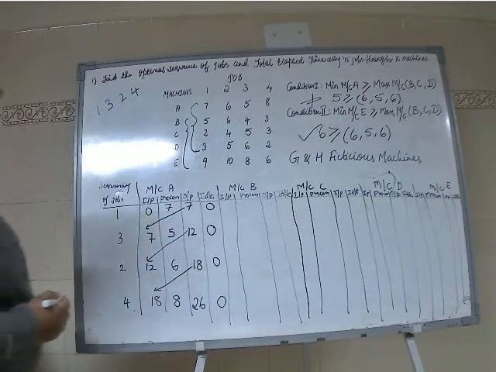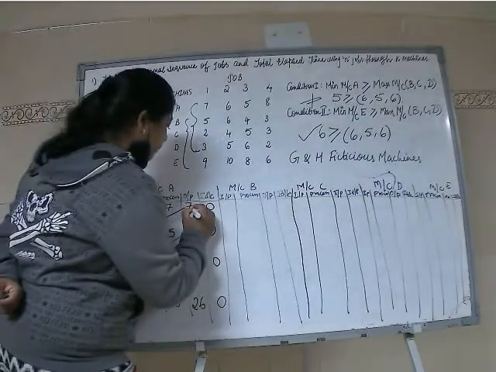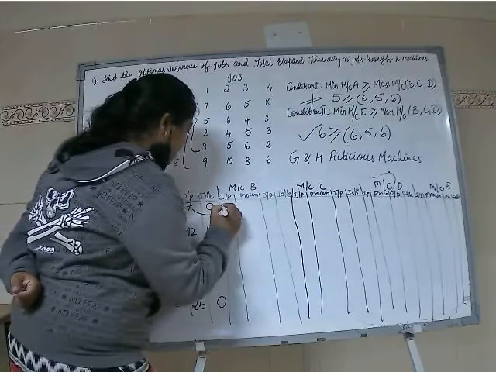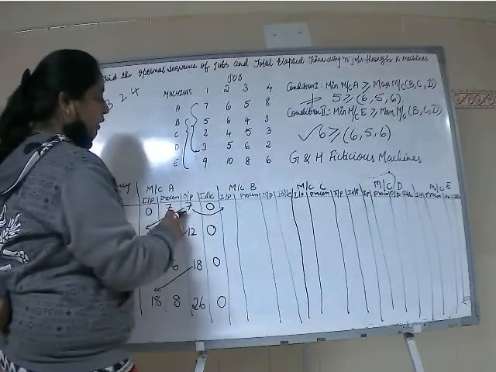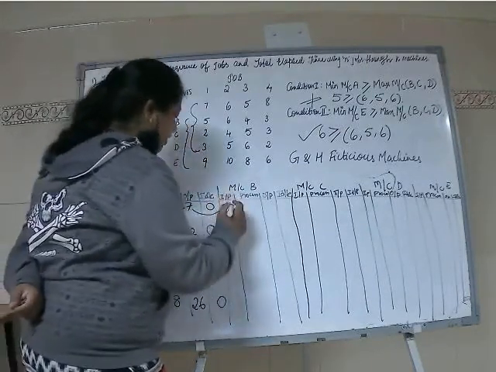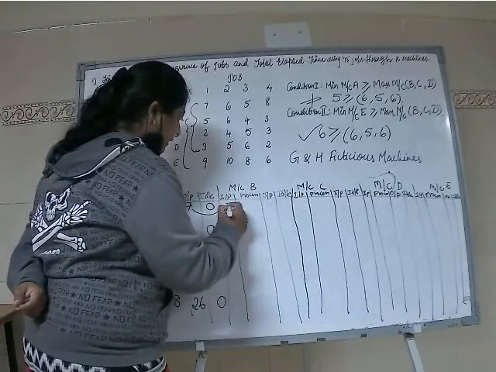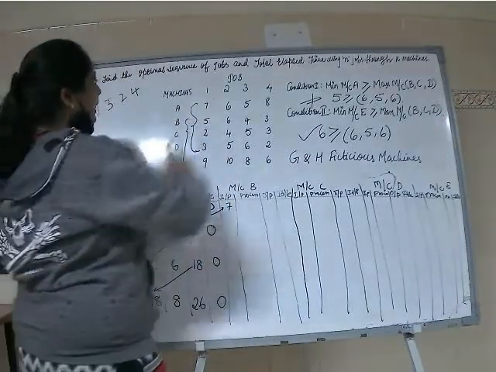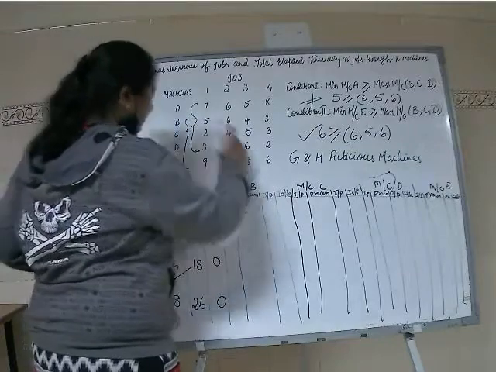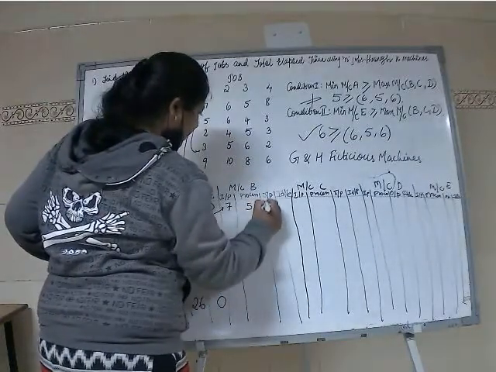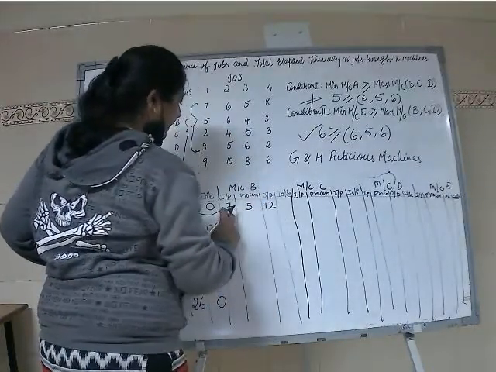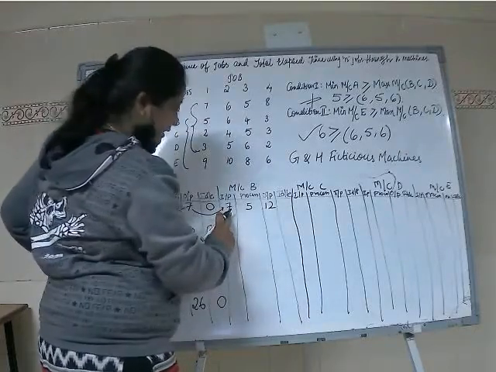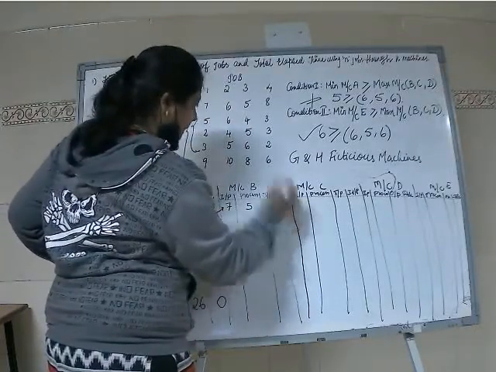So let's move forward. Here the output will become input. Machine A's first output will become the input for machine B, that is 7. Process value for job 1 on machine B is 5. So it is summing up to 12. The idle value will remain the same, that is 7.